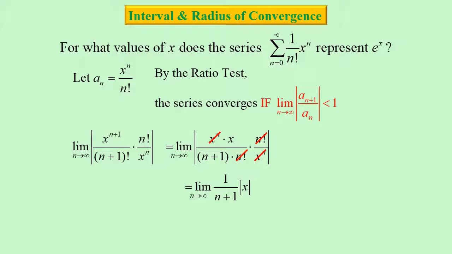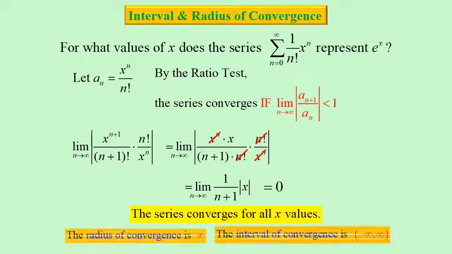Since the top is a constant and the n is going to infinity, then that's going to 0. Well, 0 is always less than 1, so the series converges regardless of what the values of x are. So we say that the radius of convergence is infinity.